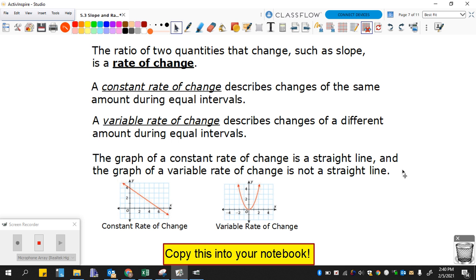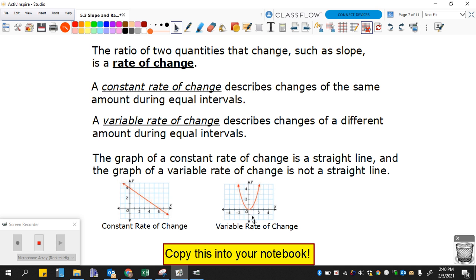Okay, so a constant rate of change is shown as just a straight line because it doesn't change at all. This is a constant rate of decrease. In other words, whatever it is, it's getting smaller over time. A variable rate of change changes. Okay, so that's going to be a curved line.